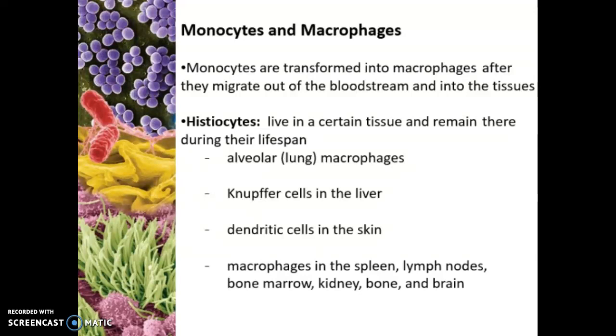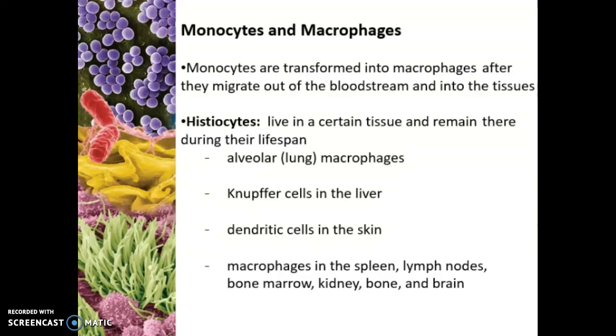So, alveolar macrophages are macrophages or histiocytes that live in the lungs. That's where they stay all the time. Kupffer cells are found in the liver. Dendritic cells are phagocytes that are found in the skin, and that is where they live.